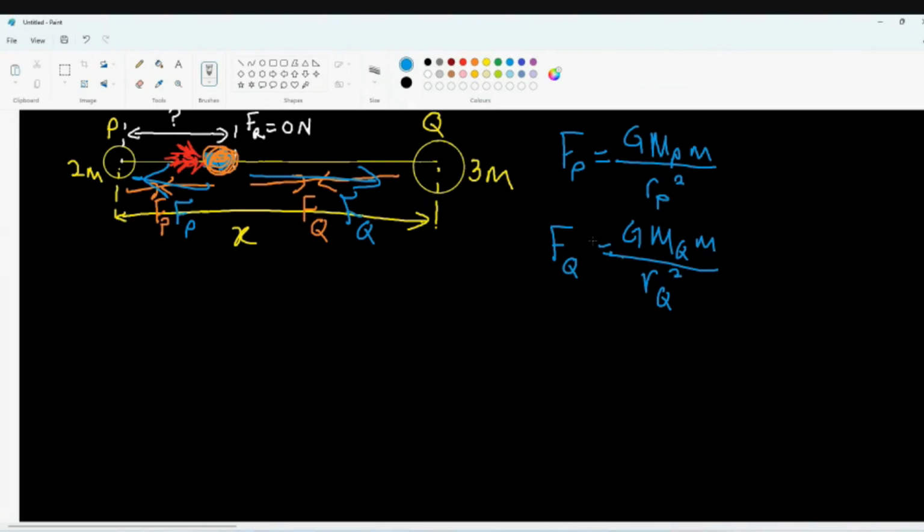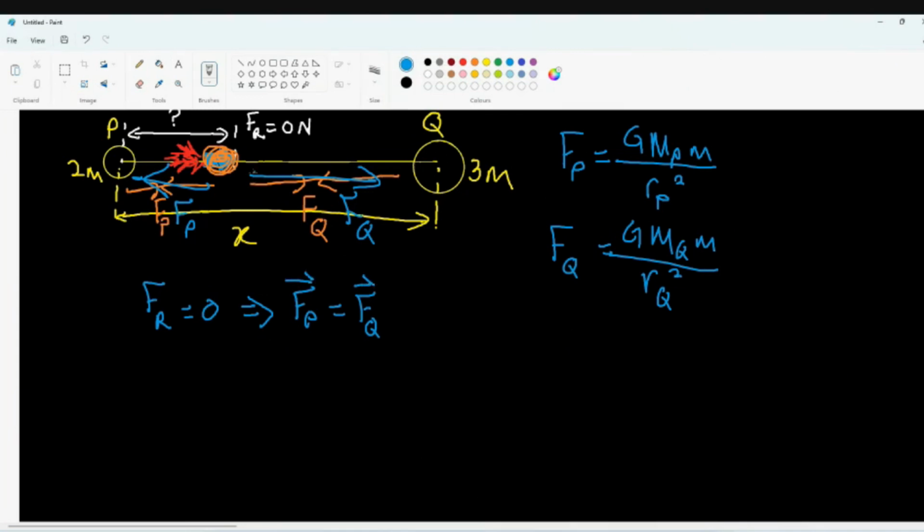So to make sure that the resultant force equals 0, we have to make sure that FP is equal to FQ, because in vector terms they are in opposite directions.